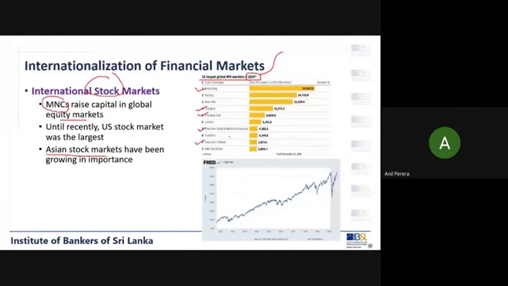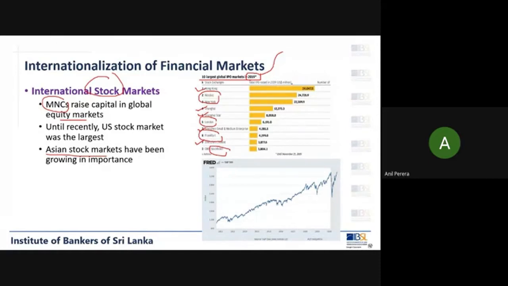So likewise, you can see out of these 10, half of the stock exchanges have performed well in Asia. And other than that, the USA stock markets, London stock market, German stock market, Stockholm, Sweden stock market are also in the list. But if you observe very closely, the Asian markets have become very important.